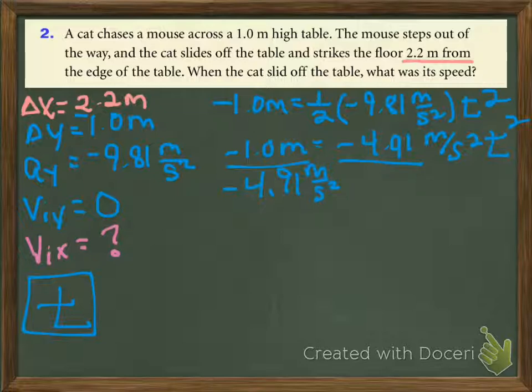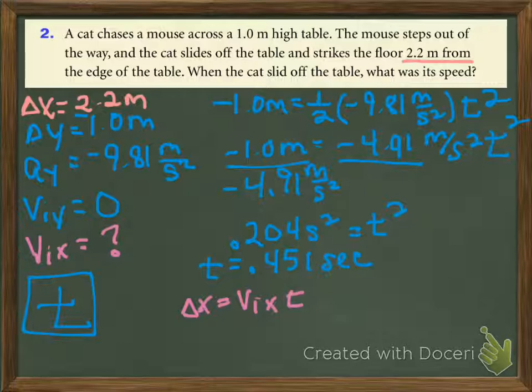So negative 1 divided by negative 4.91 gives me 0.204 seconds squared equals time squared. Square root of that, and my time is going to equal 0.451 seconds.